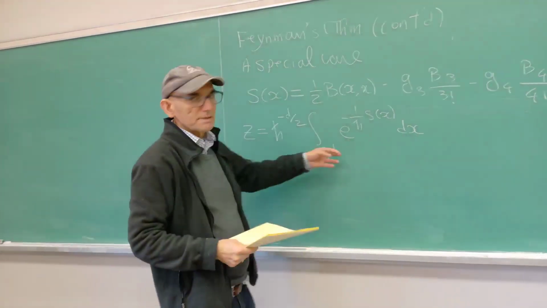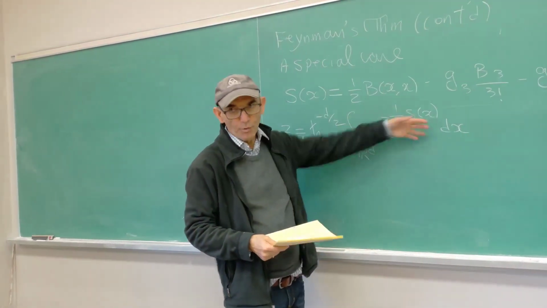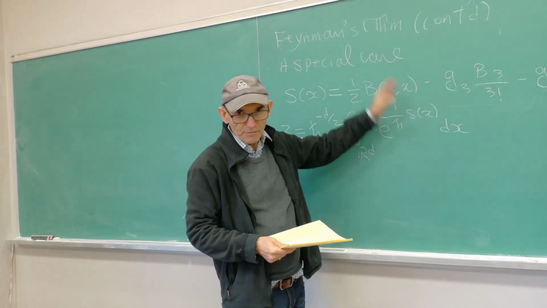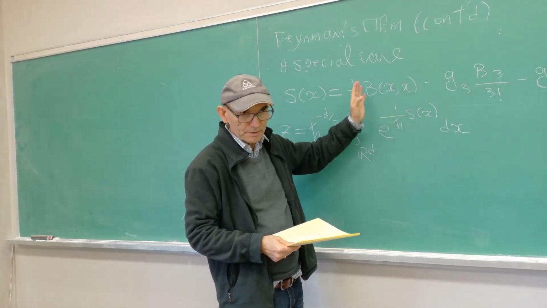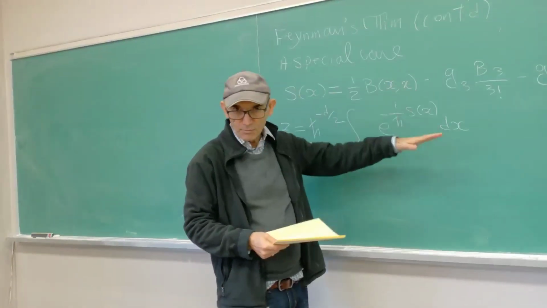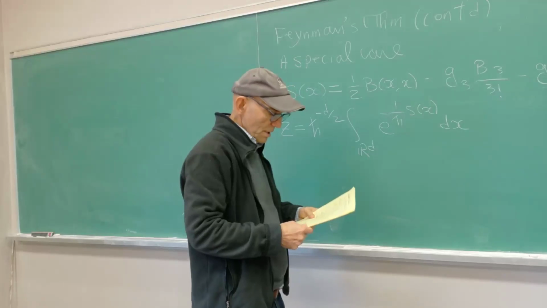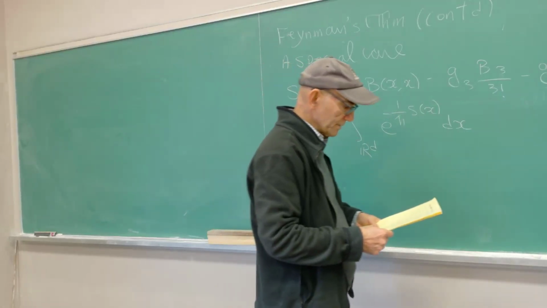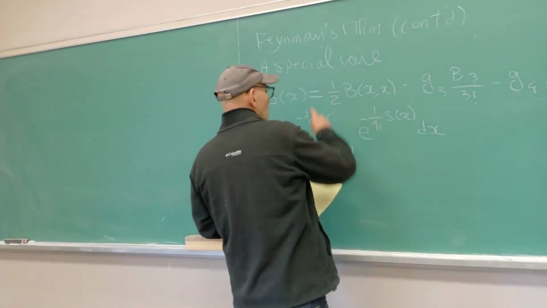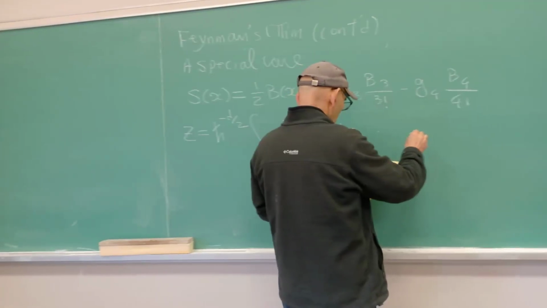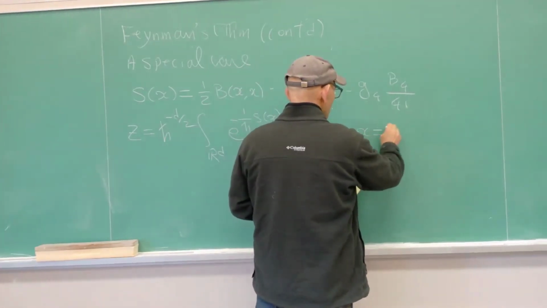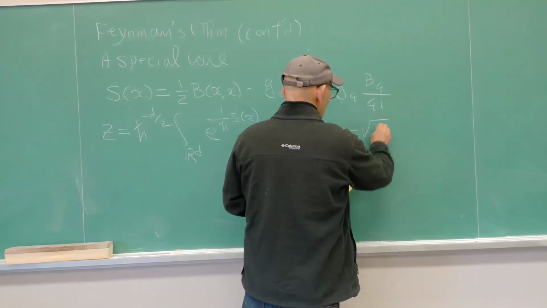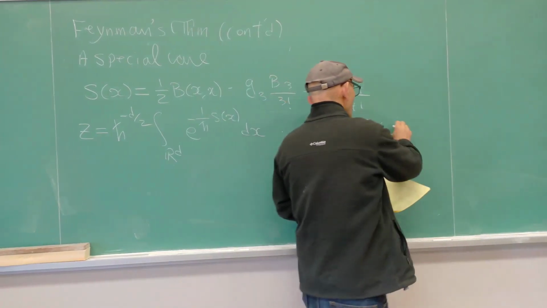I explained last lecture that this makes sense as a formal power series. It may be divergent or convergent, it doesn't matter for us. We just look at it as a formal power series, and we know how to make sense of it. With this one, we make the change of variable x equal to root h bar y.